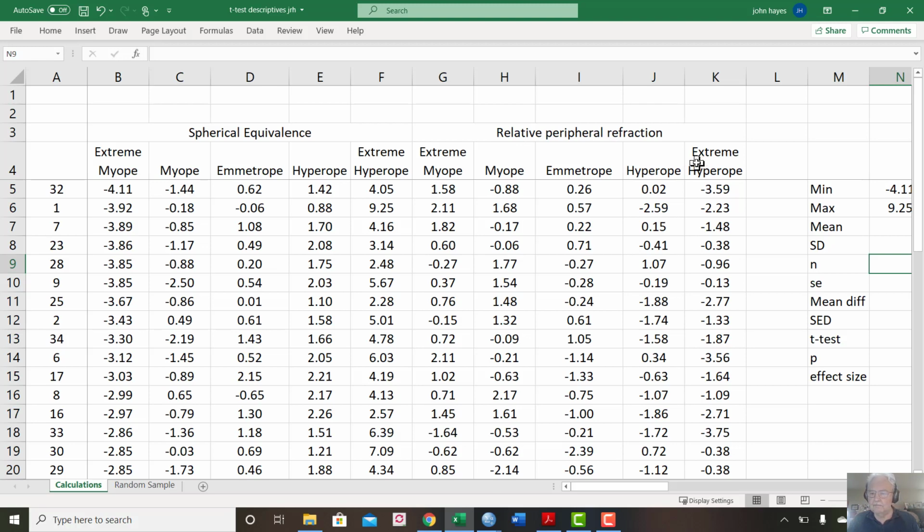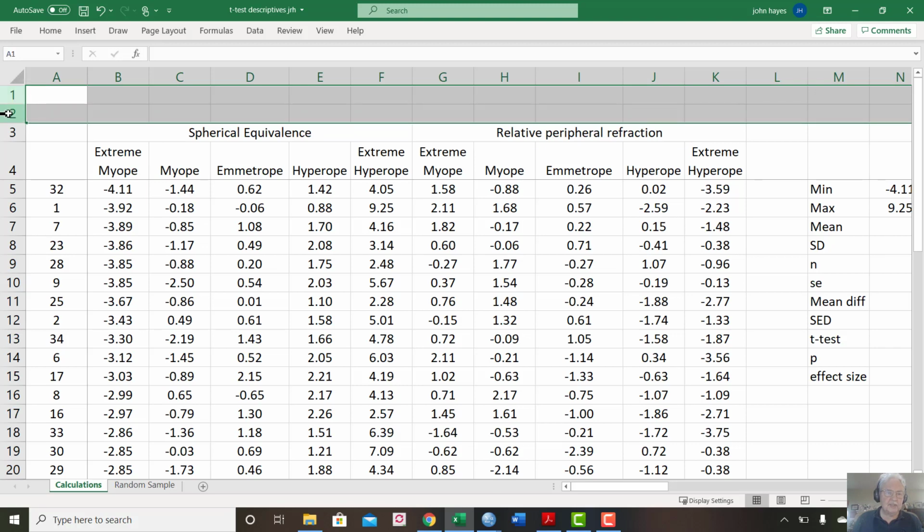Now, before we get started, I'm going to put the means and standard deviation, some of this stuff up here, and we're going to want at least 4 rows blank. We have 2 now. So the way you can insert some rows is you can just copy down.